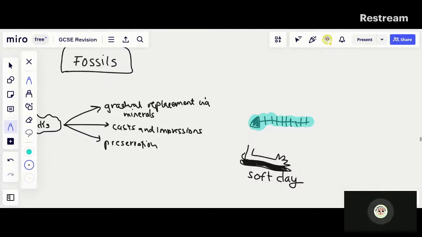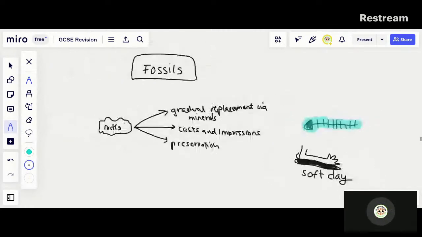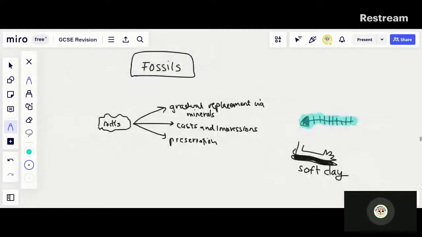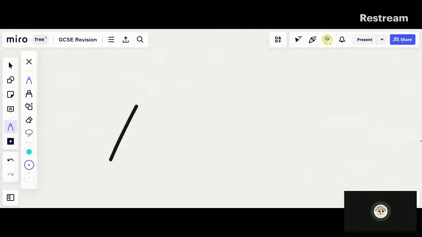But you can also see things like plant roots or an animal's burrow. So it's really interesting. And finally, the last way is through preservation. So fossils can be formed through preservation in things like tar pits where there's no oxygen, or sometimes there's these things called amber.